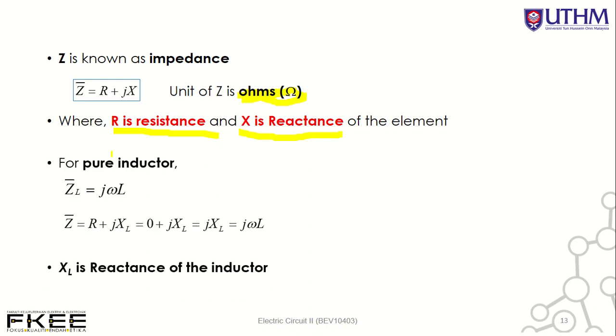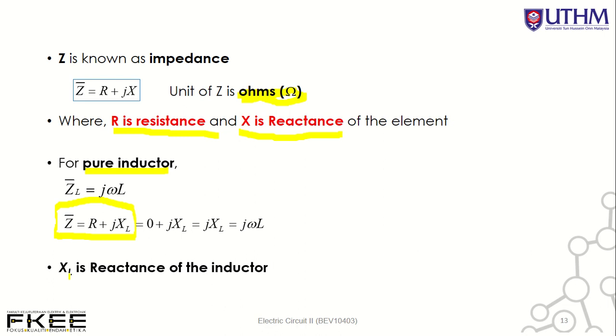For a pure inductor we can say that Z equal to j omega L, which we proved earlier, which is equal to R plus jX. This is the standard equation for impedance, R plus jX. For a pure inductor load we have no resistance, so R is 0 plus jXL. So our Z for a pure inductor equal to j omega L only.